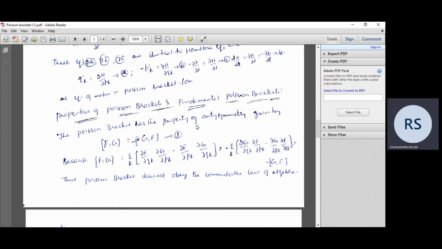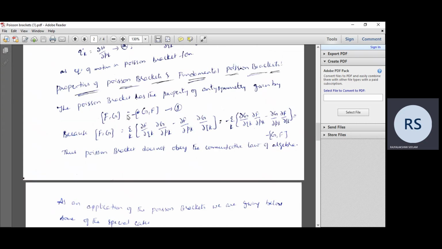So the Poisson bracket has a property of antisymmetry, which is given as f comma g equals minus g comma f.